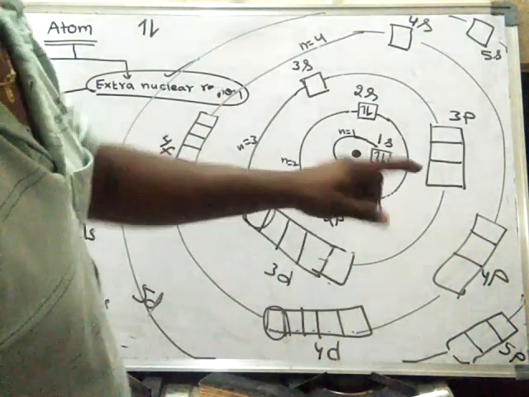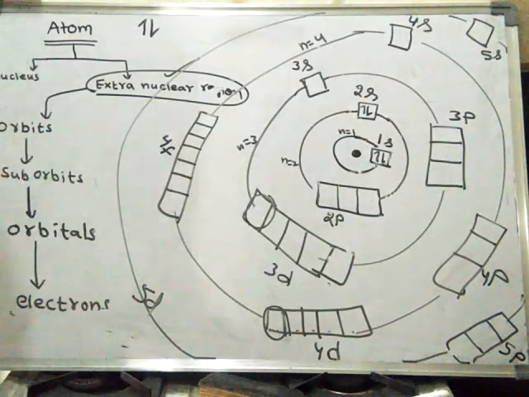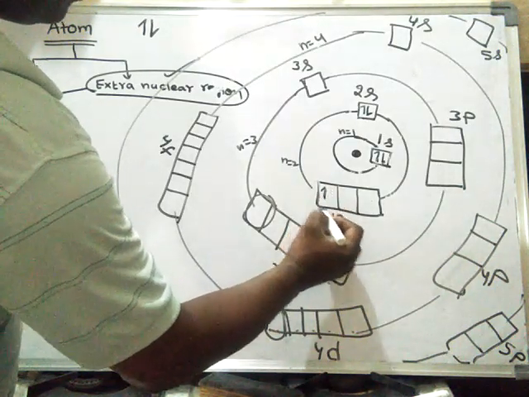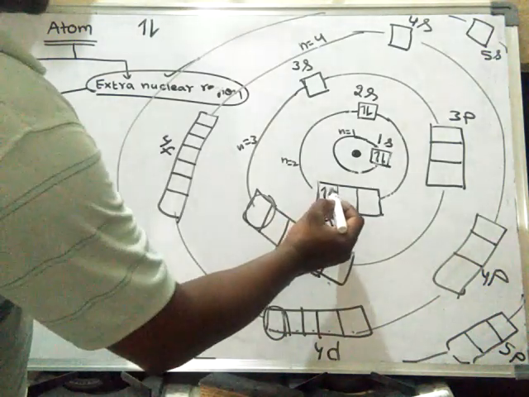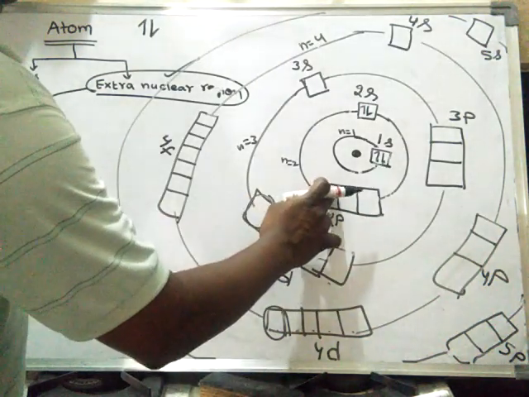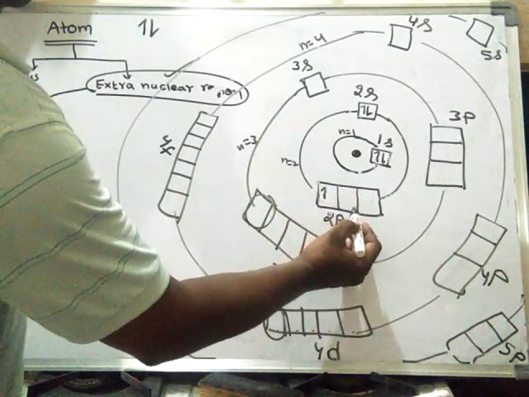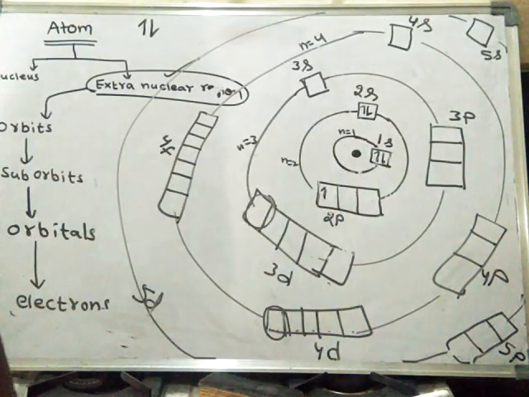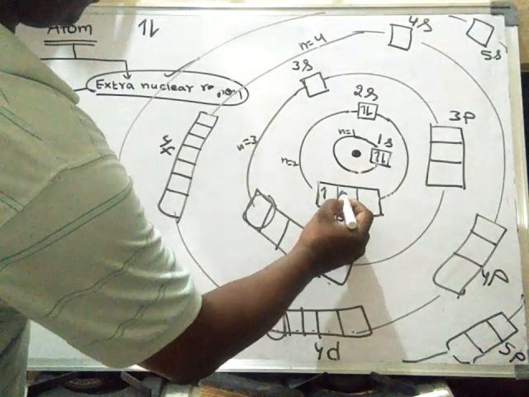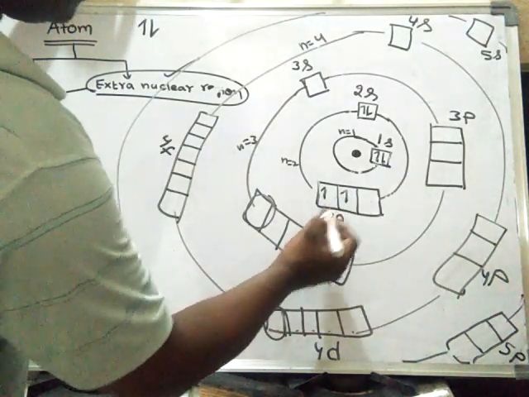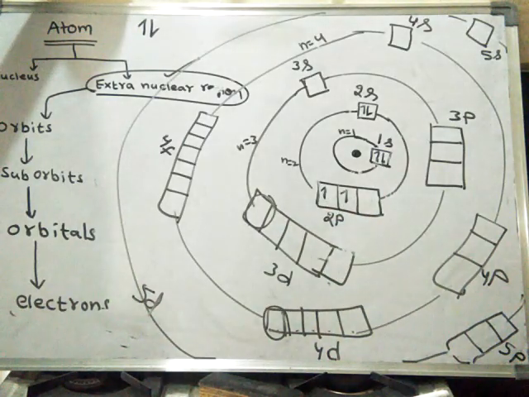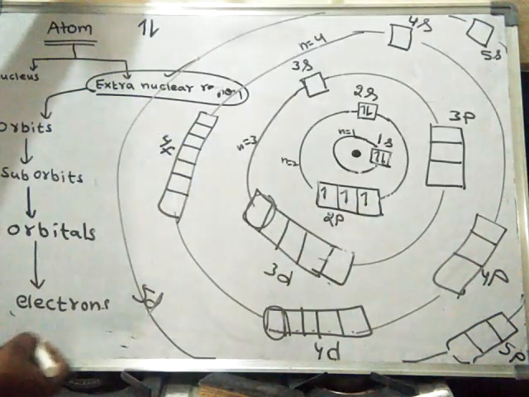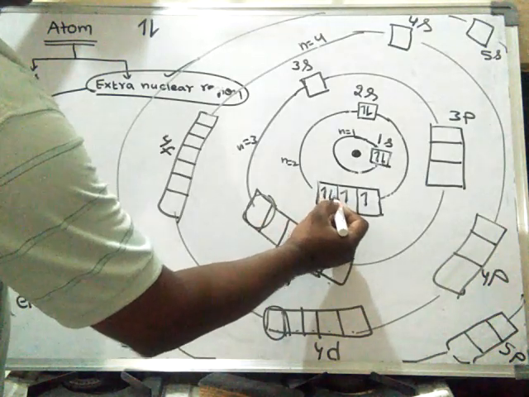When equal energy orbitals are present, we have to fill the electrons in this way. First, into one orbital we fill one electron, and the second electron should not be filled here, because the other orbitals also have equal energy. When equal energy orbitals are available, we fill one electron into each orbital initially. After filling all the orbitals with one electron each, only then will the second electron enter.